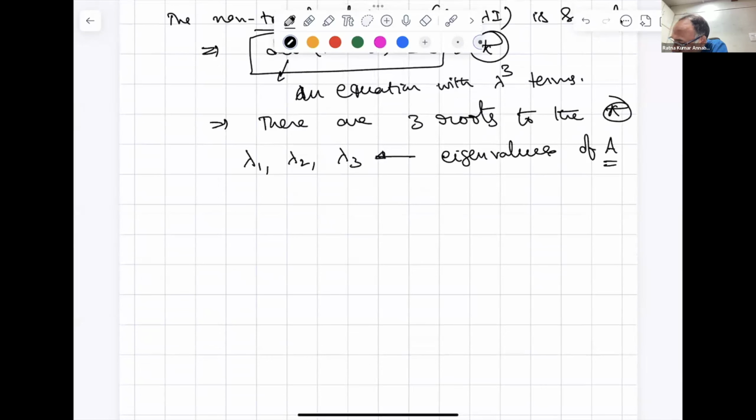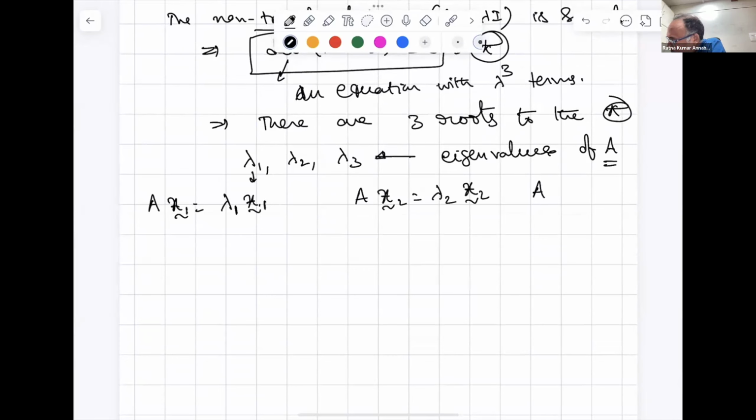So corresponding to lambda 1, what we have said, Ax equal to lambda x, where lambda is a scalar. But we don't have 1 lambda, but 3 lambdas. So corresponding to lambda 1, you will have x1, corresponding to lambda 2, there will be another vector x2, and corresponding to lambda 3, there will be another vector x3.